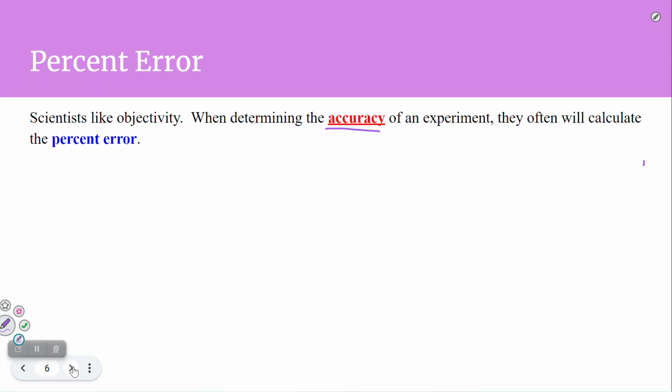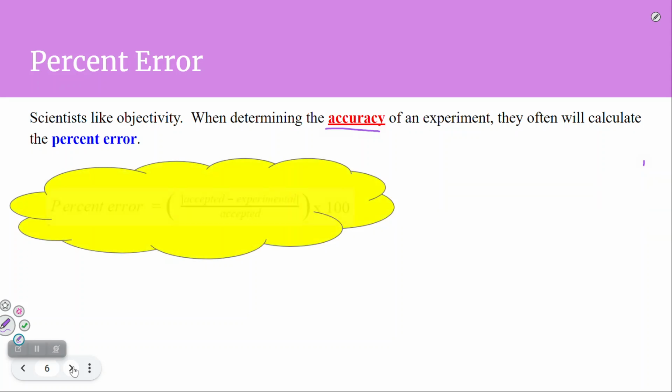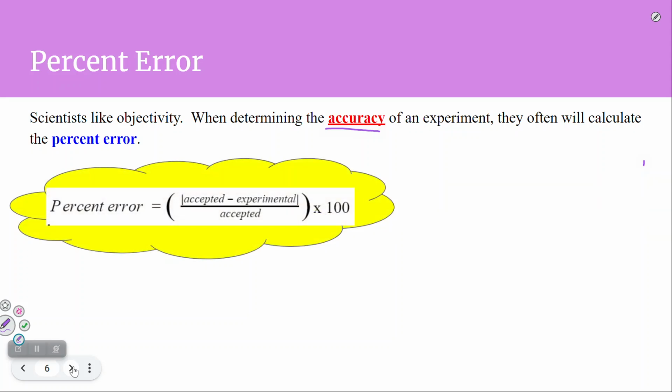So let's move on to your equation. All you need to do is copy that into your notes. That's on the top of the back of the second page, where percent error is equal to, and keep in mind, it's the absolute value. We're not going to have anything negative here.